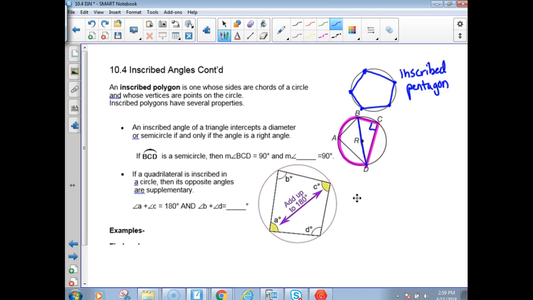What other angle in this diagram must be a right angle? Right here, we're going to have another right angle on angle BAD. So if arc BCD is a semicircle, which it was, then the measure of angle BCD is 90, and so is the measure of angle BAD.